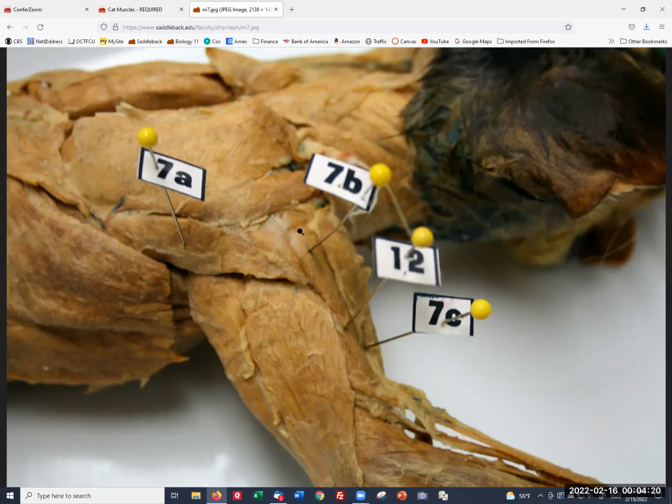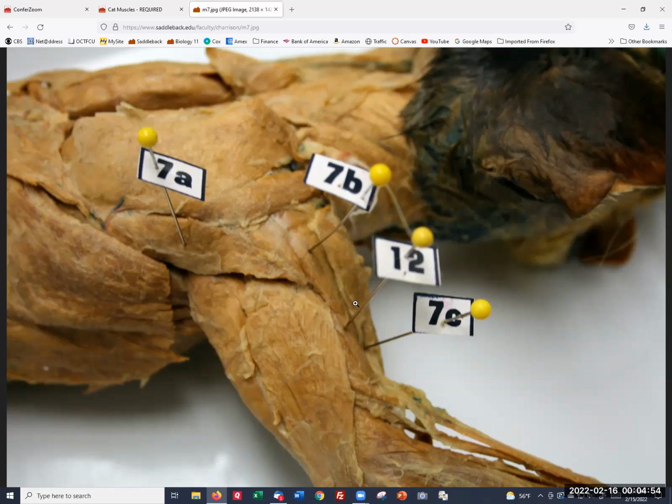Very hard to put a pin in it because there's a bone right there. But B is the acromiodeltoid. And C, way down here outside, is the clavodeltoid. The clavodeltoid, and you don't see it in this picture, but the clavotrapezius run together.